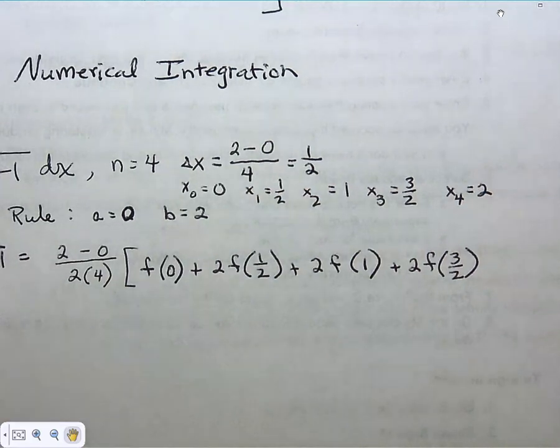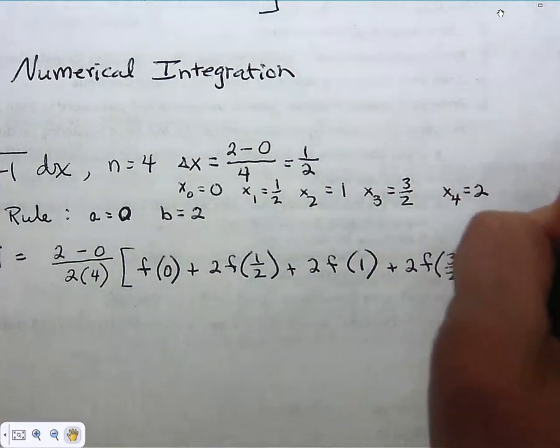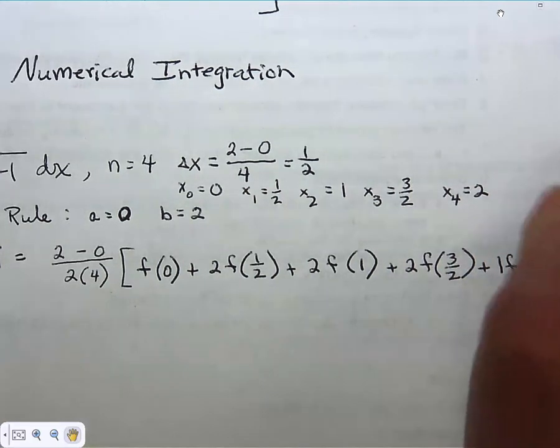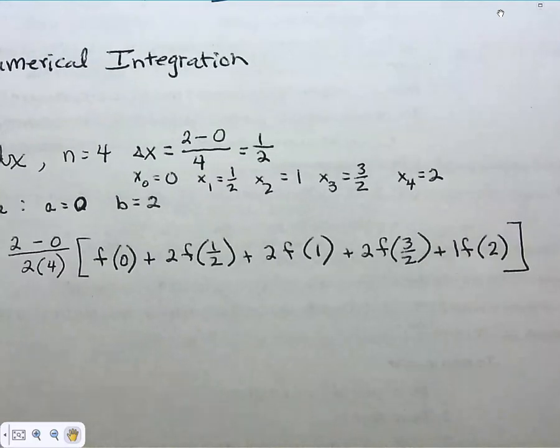And now that we're up to our last x, that coefficient is back to 1, 1 times f of 2. So it's cumbersome. It's not difficult, but it's cumbersome. We've still got a way to go here.